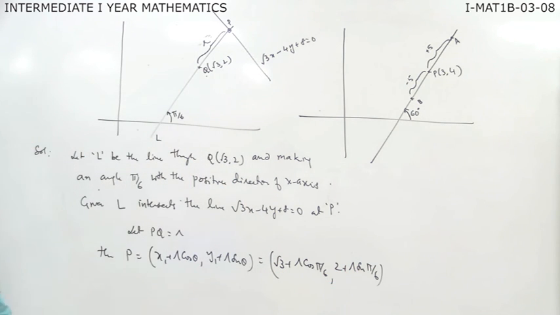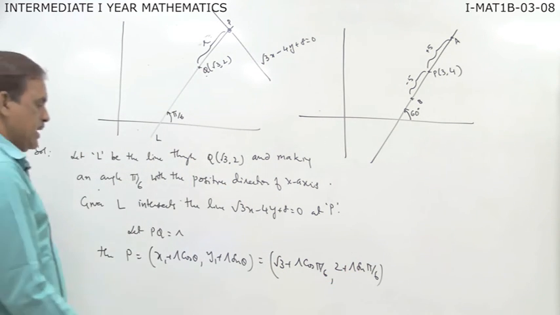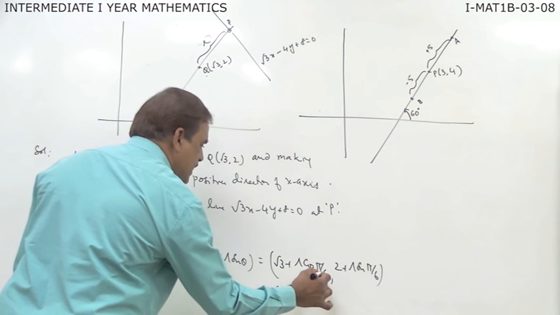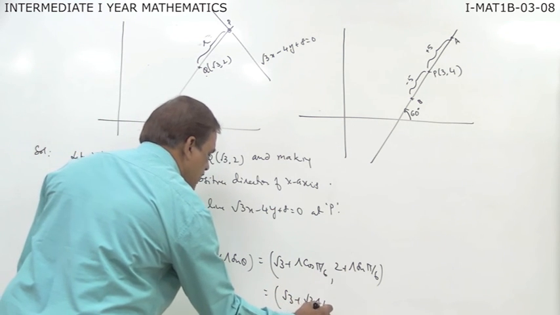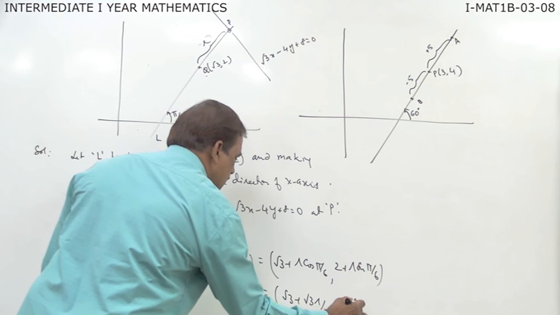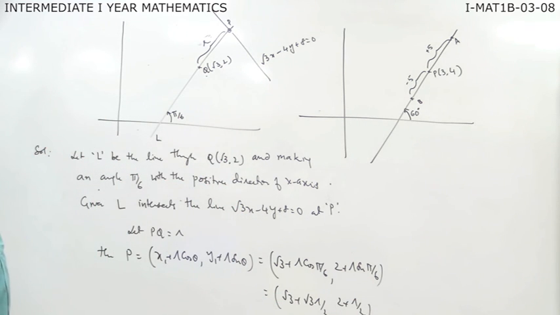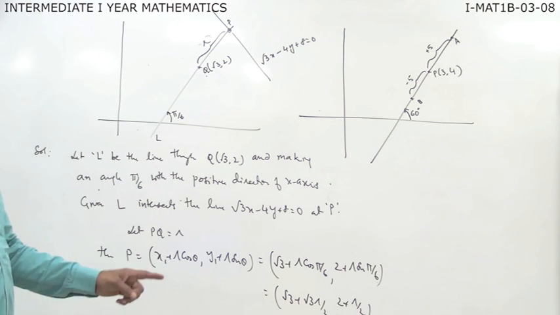Cos pi by 6 is root 3 by 2, so we get root 3 R by 2, and R into sin pi by 6 is R by 2. So P is root 3 plus root 3 R by 2, and 2 plus R by 2.